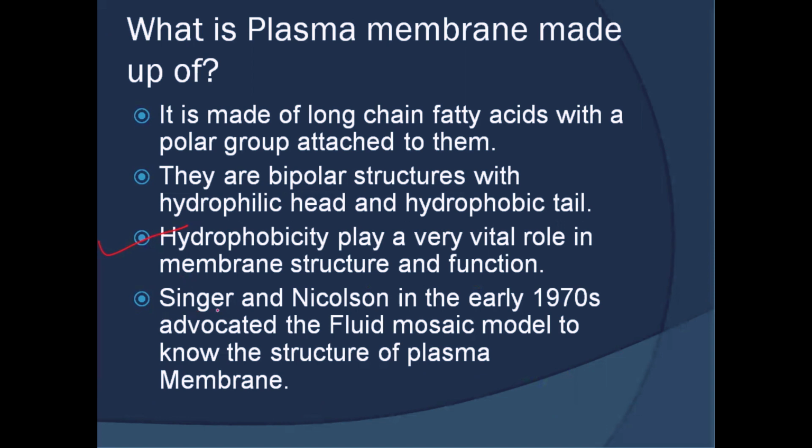Now, how can we know how a cell looks? Singer and Nicolson, in the early 1970s, in 1972, stated a model called the fluid mosaic model. This model helps us to understand the cell.